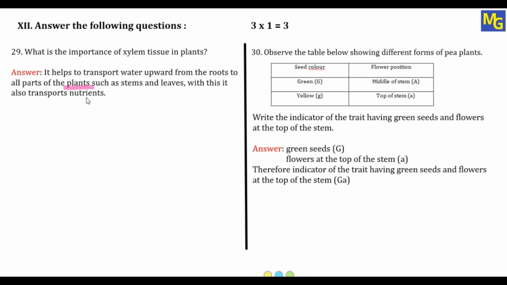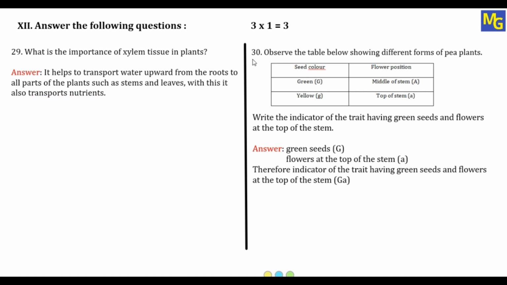Once the water reaches all the parts, even through all the leaves, the water will be evaporated due to the sunlight. And because of that, continuously water should be supplied to each and every part of the plant. And that's why xylem does this work, that is transporting water. With water, it also transports nutrients. So this is the answer for question number 29.